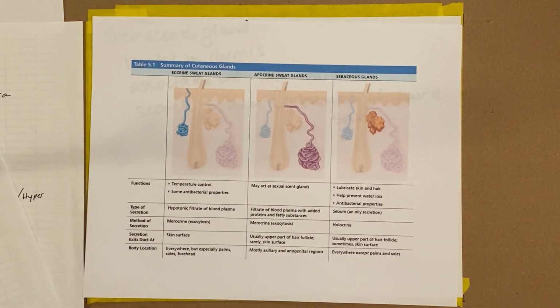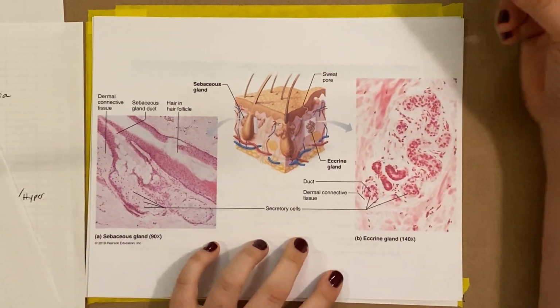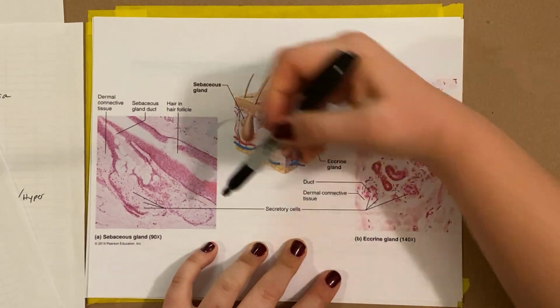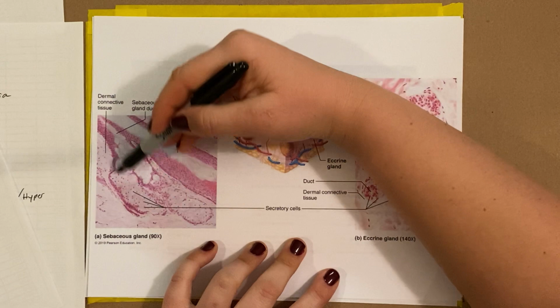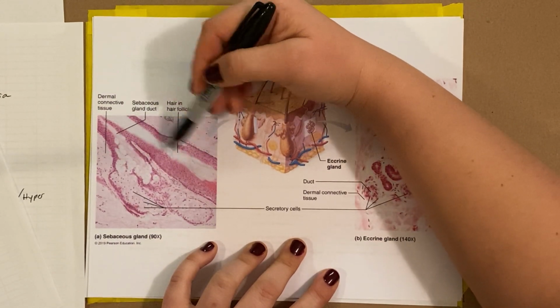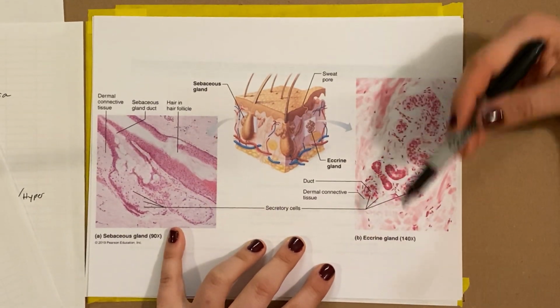Okay, and here is what it actually looks like. So this is the eccrine gland. You can see how it's all coiled. So this is going to be the sebaceous gland. It is right next to a hair follicle. So you will only see these by hair follicles. You would not see an eccrine gland by a hair follicle.